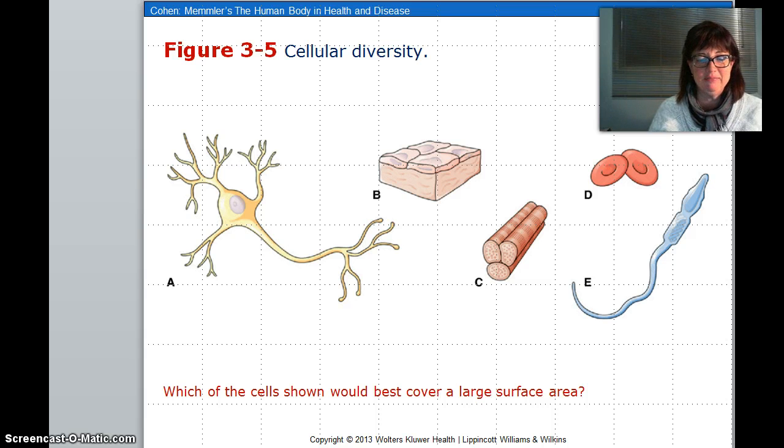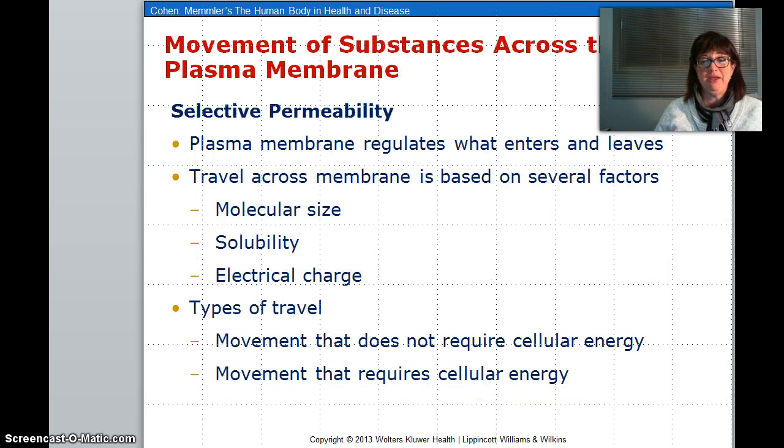Now, when it comes to transport, the purpose of the cell membrane is to transport. And transport is based on something called selective permeability. It's selective in the fact that if you are small and not charged, you can go through no problem.